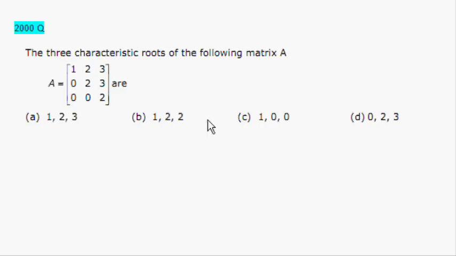This is the question of 2000. The three characteristic roots of the following matrix. Characteristic roots mean eigenvalues. You are required to find the eigenvalues of this matrix. The process is the same as previous: 1 minus lambda, 2 minus lambda, 2 minus lambda, and the determinant is equal to 0.